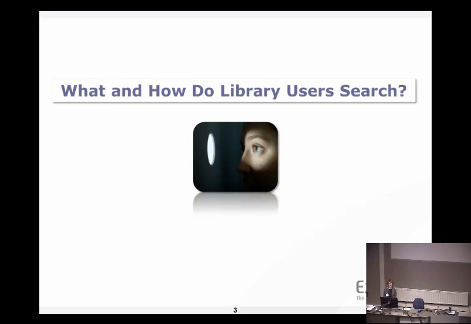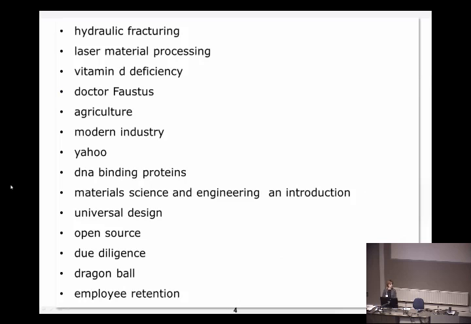So what and how do library users search? If you take a look at search logs, and these are real logs taken from the Primo system, you see it's a combination of things. Sometimes the queries are very specific, sometimes they're very fluid. I mean, somebody looking for agriculture is very different from somebody looking for an introduction to material science and engineering.